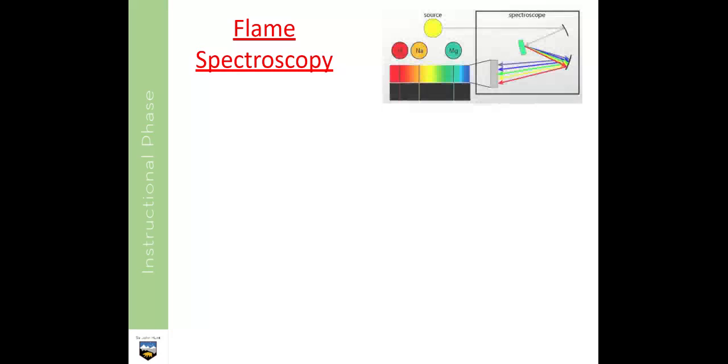So flame spectroscopy uses what we call a spectroscope, a machine, to measure the wavelength of light emitted from these metal ions. And it will measure that wavelength, and every metal ion has its own specific wavelength of light.